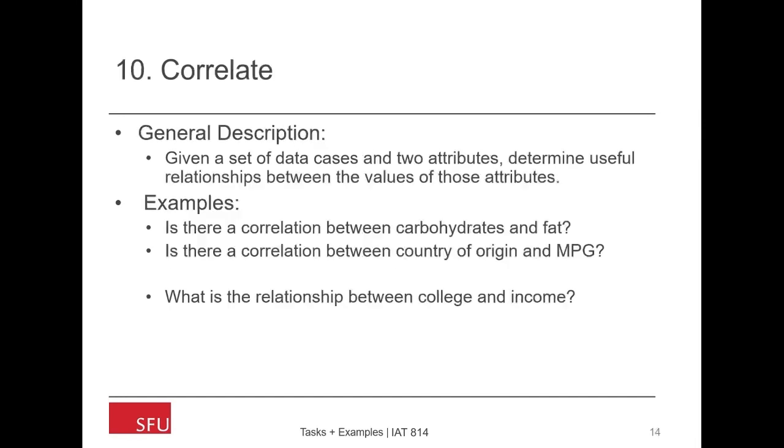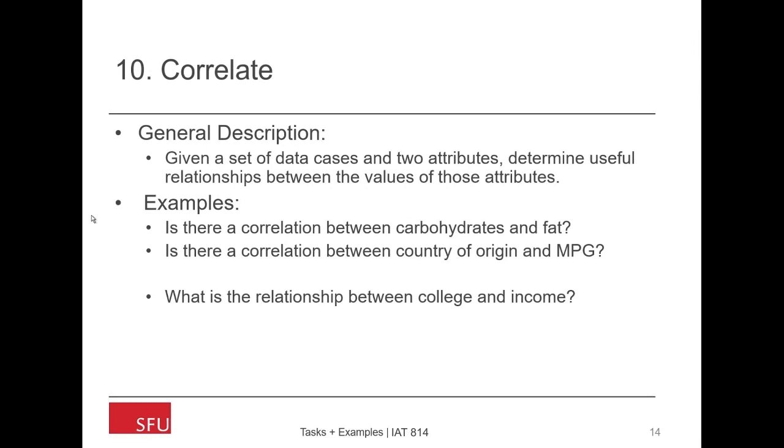find. The last item in our list of 10 tasks is to correlate, and once again we're going to go back to Tableau and to this income versus education thing. The general description is: given a set of data cases and two attributes, determine useful relationships between the values of those attributes.